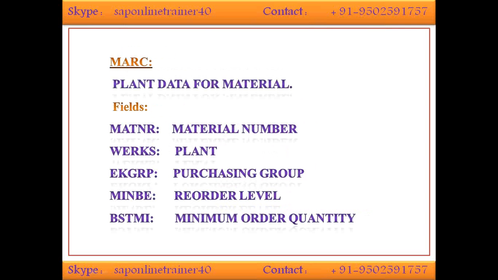So you have to be very careful with this reorder level and minimum order quantity. Otherwise, production will slow down and business will slow down. So this is a very important thing. And these are some of the fields from your database table, and it contains plant data, and I will show you all these fields from MARC.